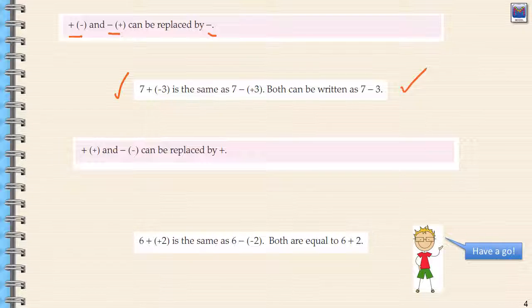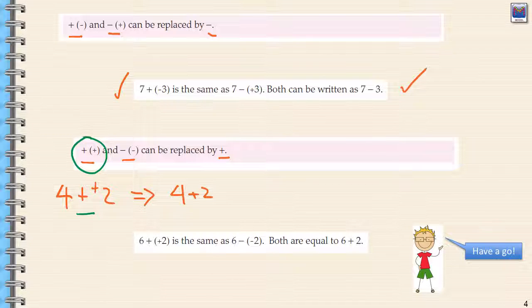When we have plus a positive or minus a negative, we replace that with a positive. So for example, 4 plus positive 2 is the same as 4 plus 2. And that's what I mean by plus a positive, like that bit there.